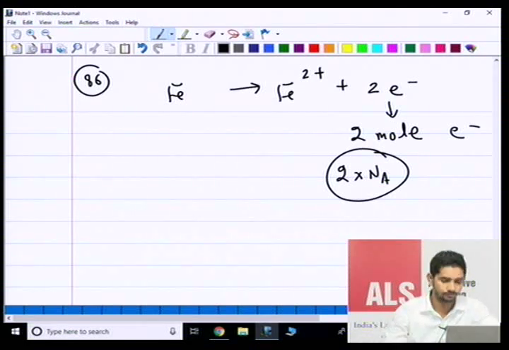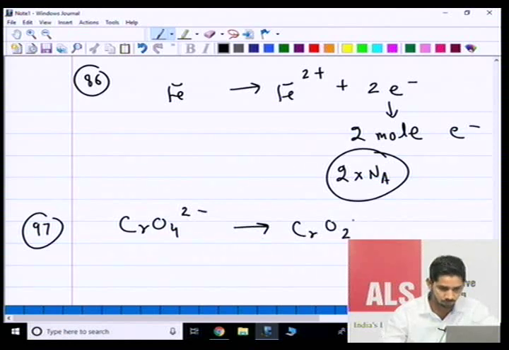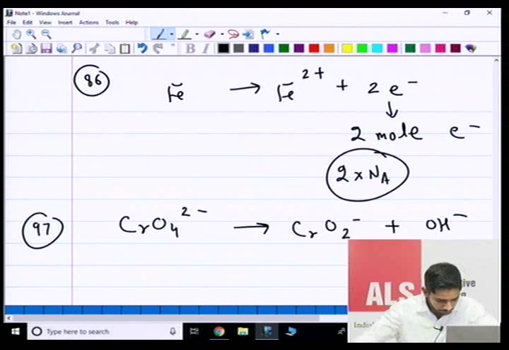Copy please. 97. CrO4 2 minus is giving you CrO2 minus plus OH minus. This is a half cell reaction.